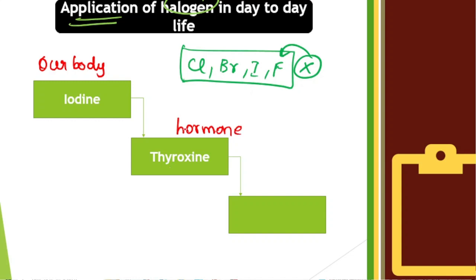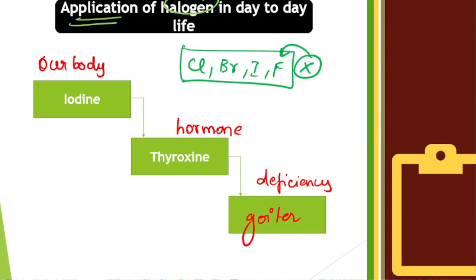The deficiency of this thyroxine will cause goiter. We already studied this in biology in class 11, right? So if there is a deficiency in that hormone, it is going to cause goiter.